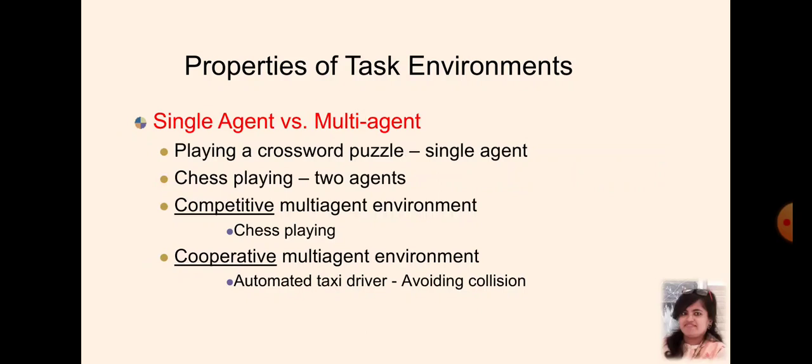Now the multi-agent environment can be of two types. One is competitive, another one is cooperative. The environment is competitive in nature when the two agents are competing to win. That is, in chess, both sides are trying to win. So that makes the environment a competitive multi-agent environment.